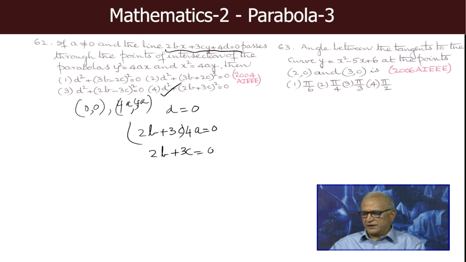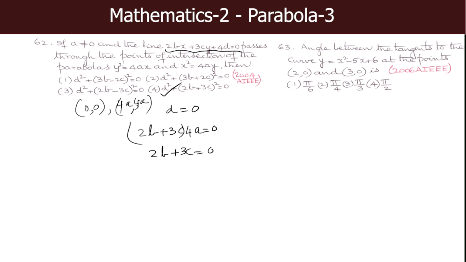Angle between the tangents to the parabola y equal to x square minus 5x plus 6. You know that the equation y equal to ax square plus bx plus c also represents a parabola. The graph looks like this. It has a lowest point because the coefficient of x square is positive.